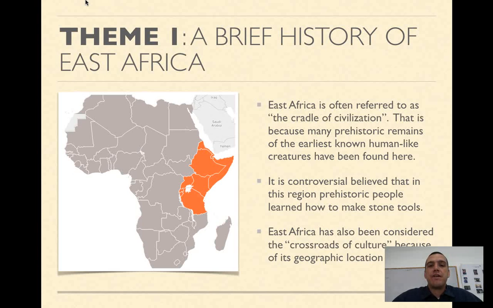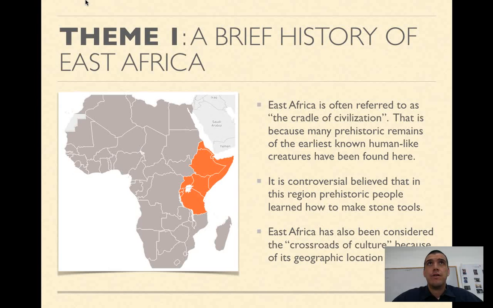And East Africa historically has often been referred to as the cradle of civilization. That's because some of the earliest prehistoric remains of the earliest human-like creatures have been found here. For example, I believe it's in Tanzania or Kenya, there's something called the Rift Valley.